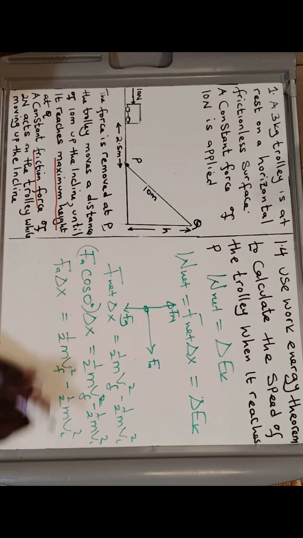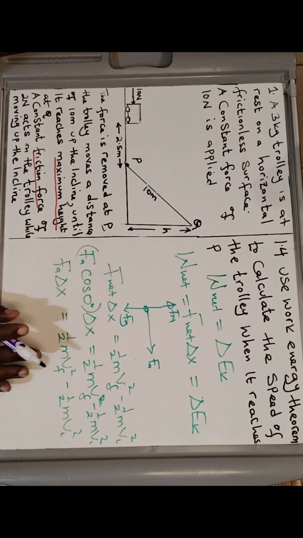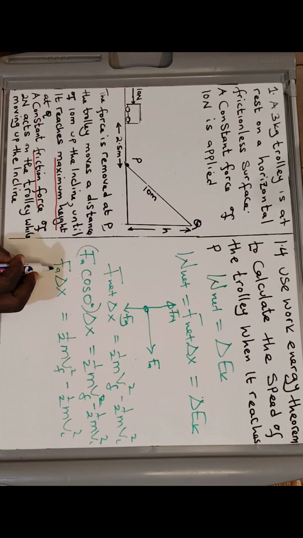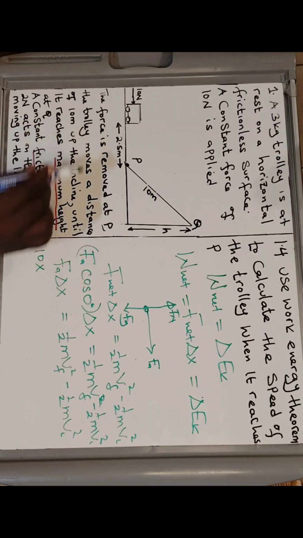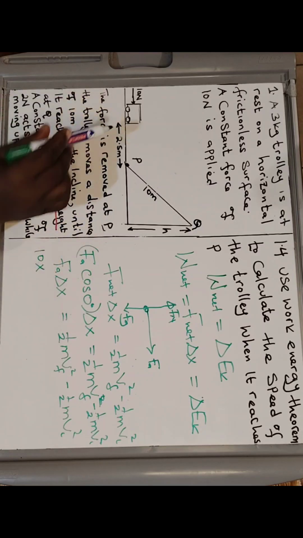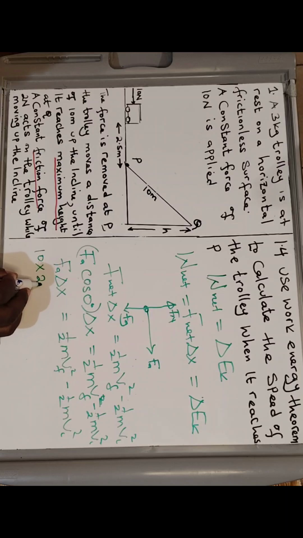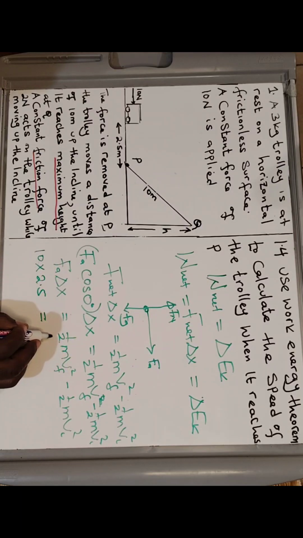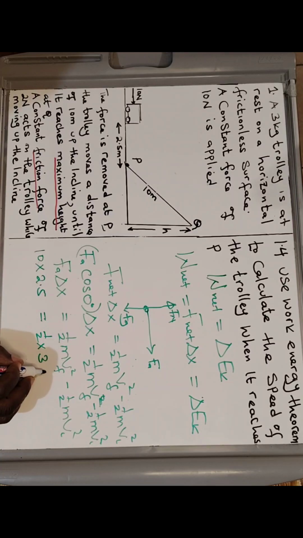At this moment, everything is here with the data we have. We can substitute. What is FA? The applied force is 10 newtons. And the displacement is given here, it is 2.5. On this side we are going to have a half, and the mass is 3, times the final velocity.